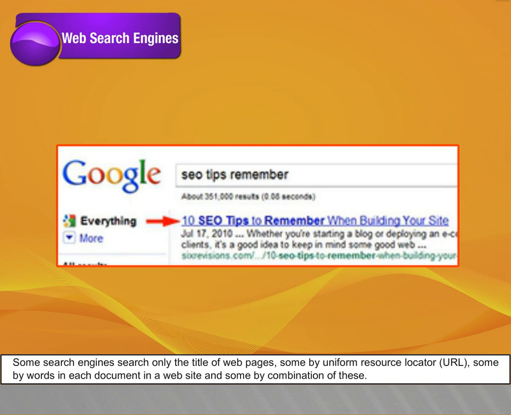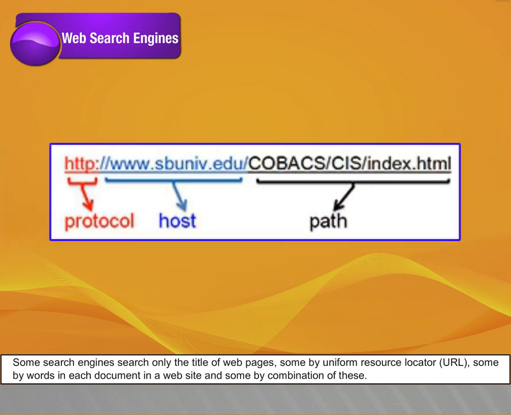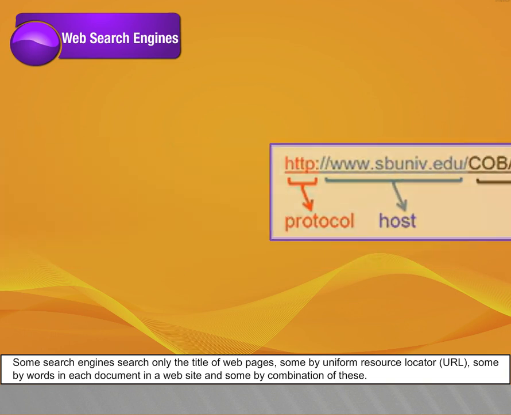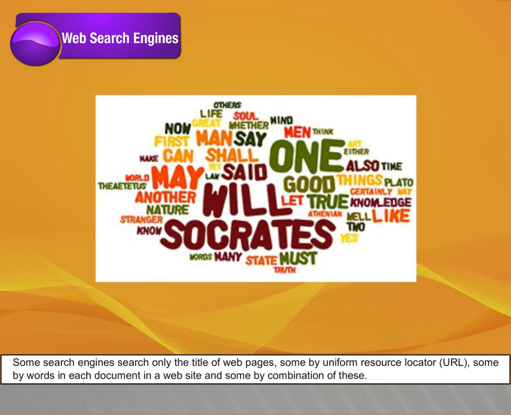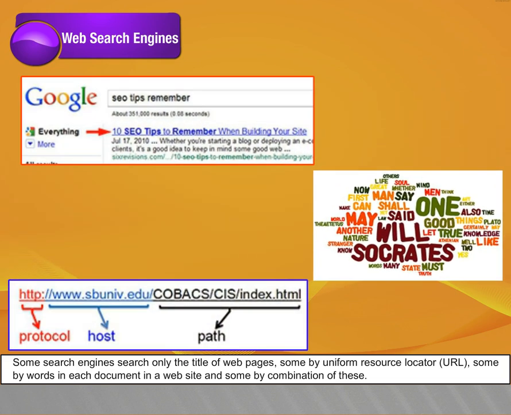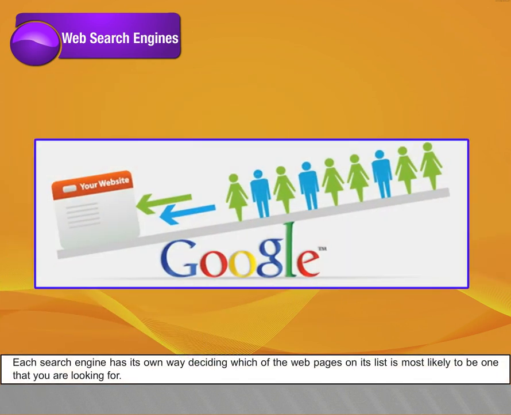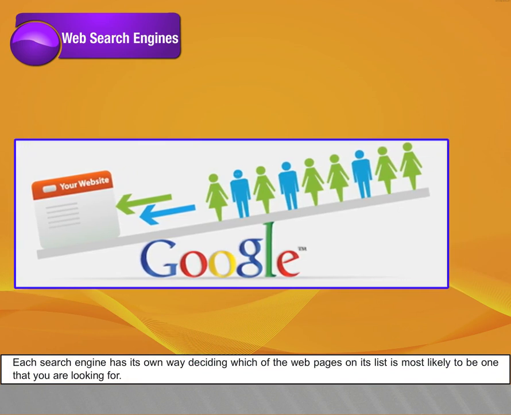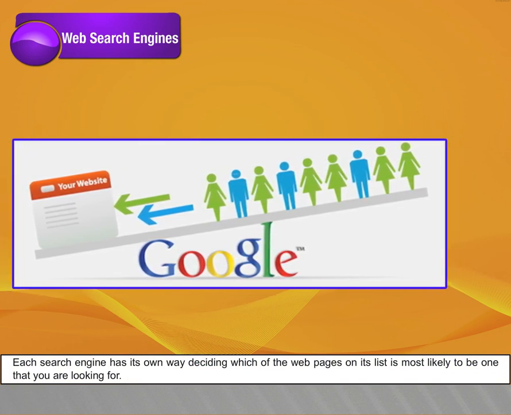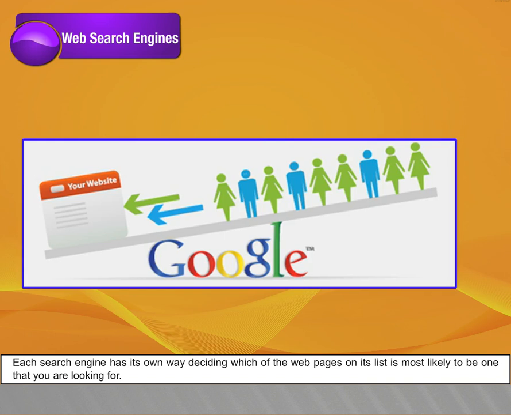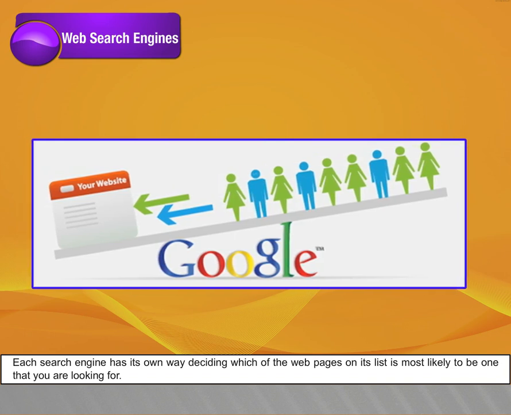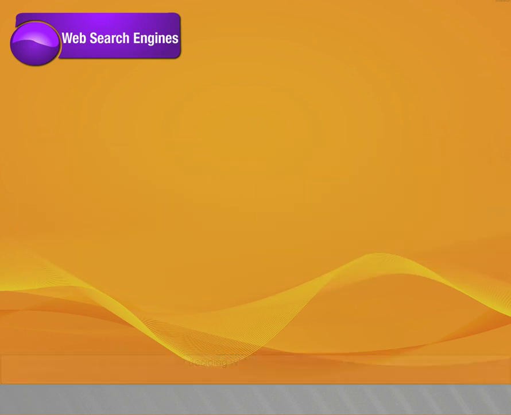Some search engines search only the title of web pages, some by Uniform Resource Locator, that is URL, some by words in each document in a website, and some by a combination of these. Each search engine has its own way of deciding which of the web pages on its list is most likely to be the one that you are looking for.